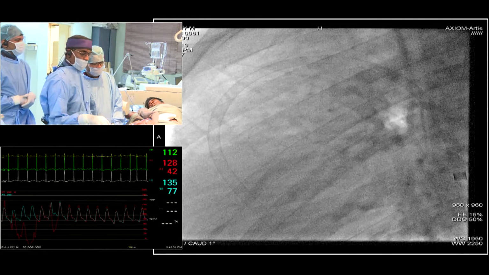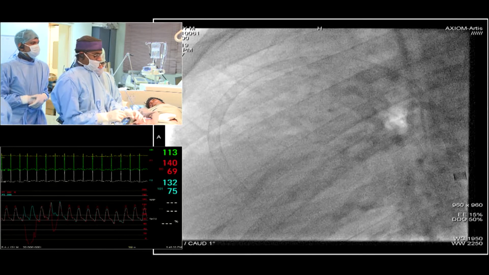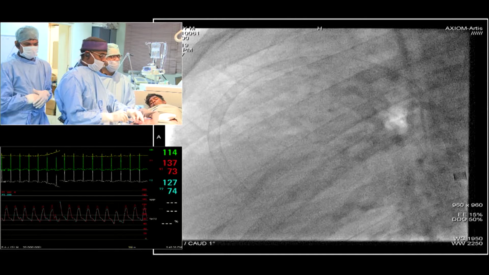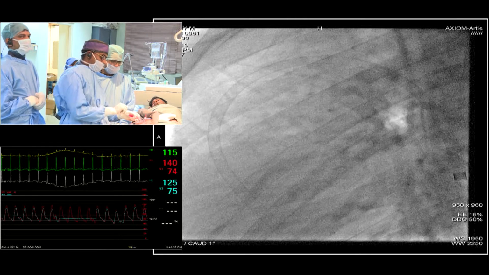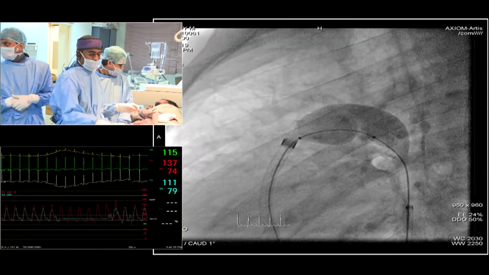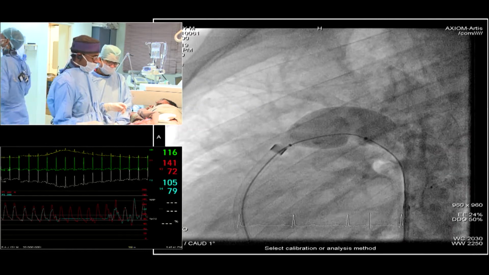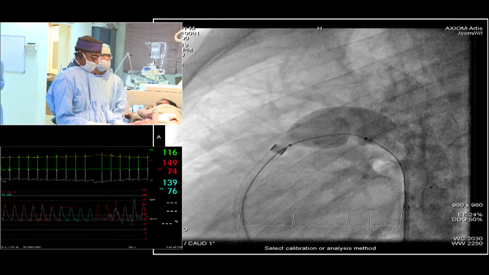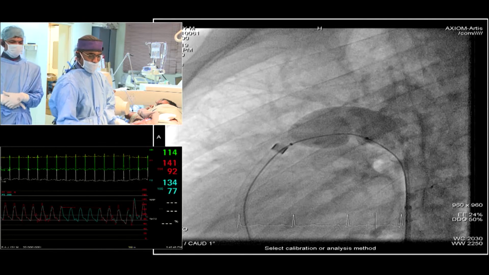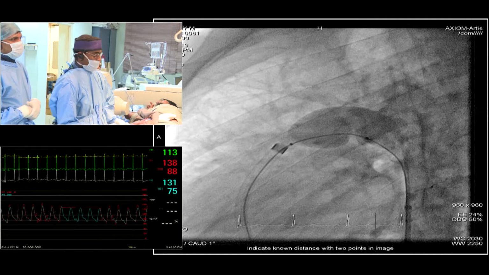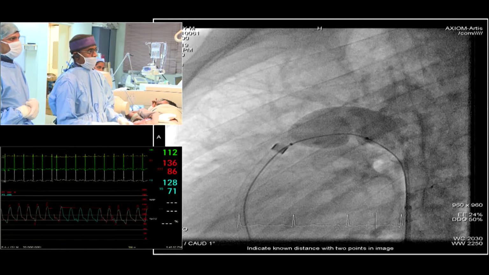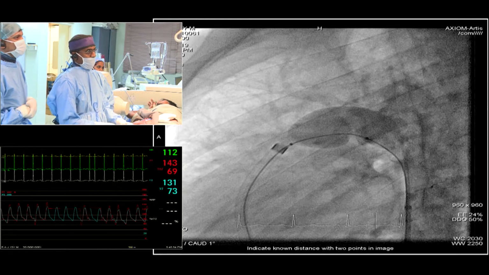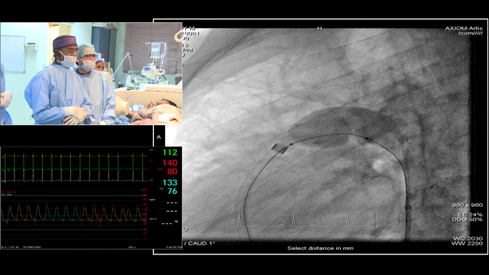So now, what sort of device? You saw the separation, Dr. Dietmar. Let's see the measurement. What was the measurement? Can you get the measurement? Yeah, measure now. If it goes straight, it is an arc.